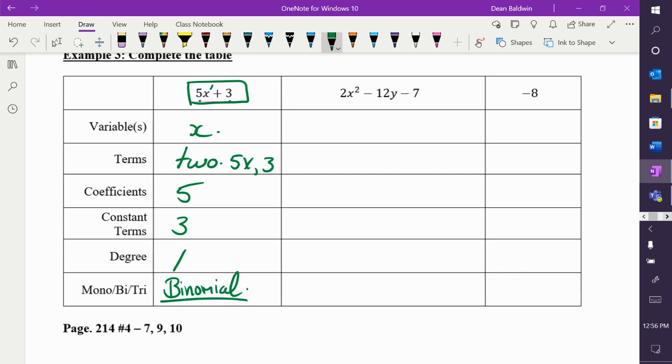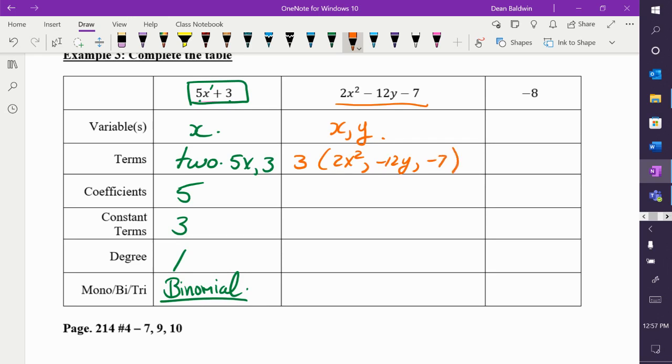All right. Second one. What are the variables? X and y. How many terms are there? 3 terms, and they are 2x squared, negative 12y, and negative 7.